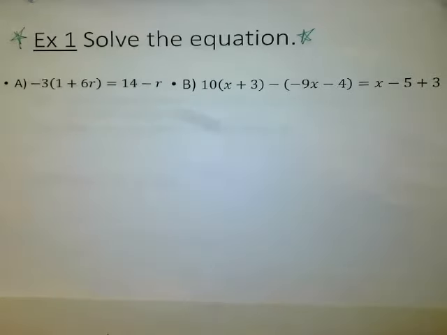Solve the equation. So when we're solving the equation, we are solving for the variable. And letter A, the variable is r. So we're solving for the unknown, trying to figure out what that number is that makes that equation true.